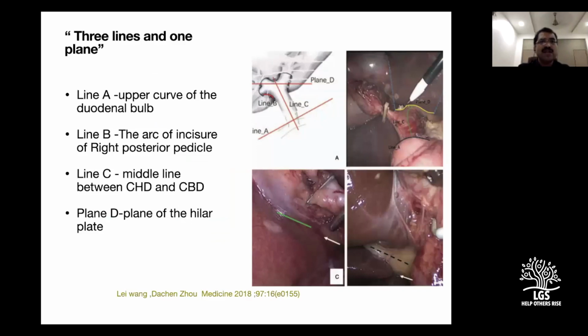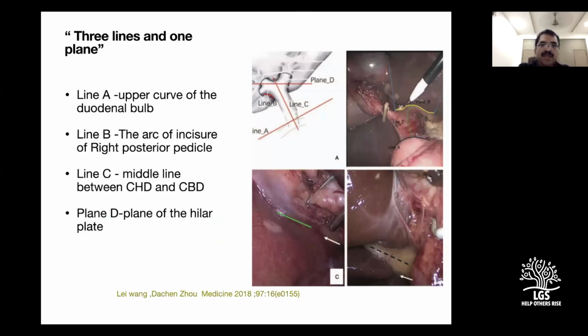So in the 3 lines and 1 plane concept, there are line A, line B, line C, and a plane D. Line A represents the superior margin of the duodenum. So during laparoscopic CBD exploration, always keep an eye on the superior surface of the gallbladder.